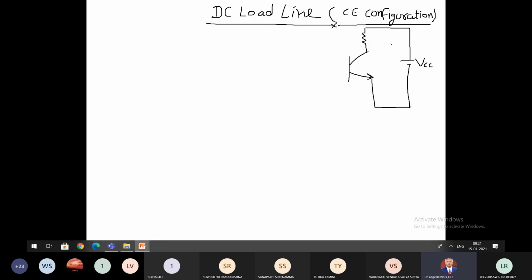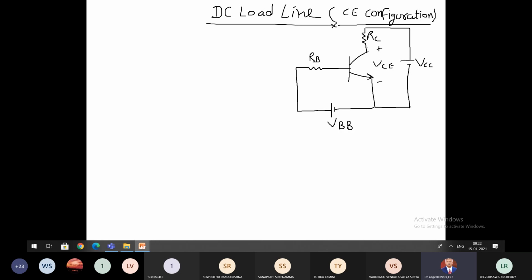This is VCC. This resistance is RC. Across this collector and emitter we have a voltage drop, that is VCE, voltage between collector and emitter. Here we have one resistance, base resistance, and here we have a battery VBB, right?